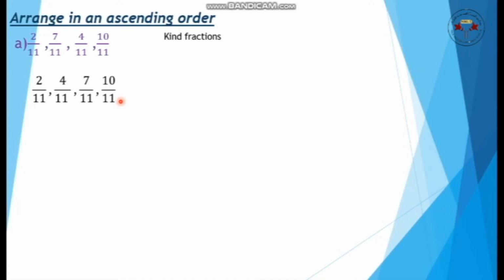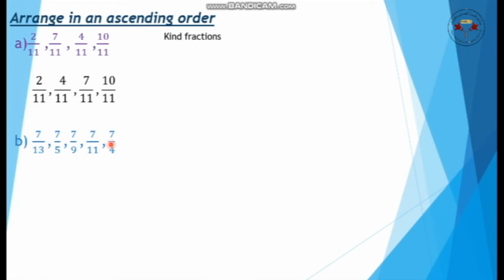Go next. Question number B. 7 over 13, 7 over 5, 7 over 9, 7 over 11, 7 over 4. Now we have to arrange it in ascending order, but first ask the fractions. Are you crazy? Yes, we are. And in the crazy fractions, you have to know that they are all vice versa.